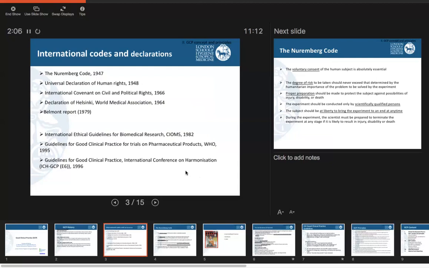These are quite high level, but there are guidelines put out by the International Conference on Harmonization, ICH, that governs the use of human subjects in clinical trials.